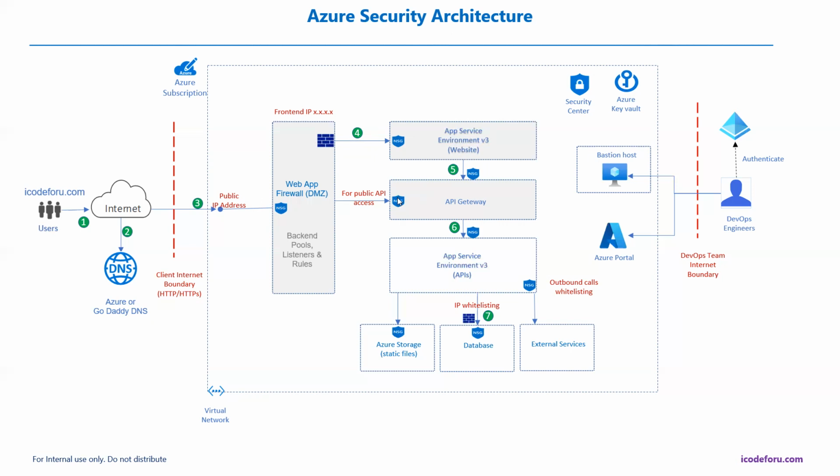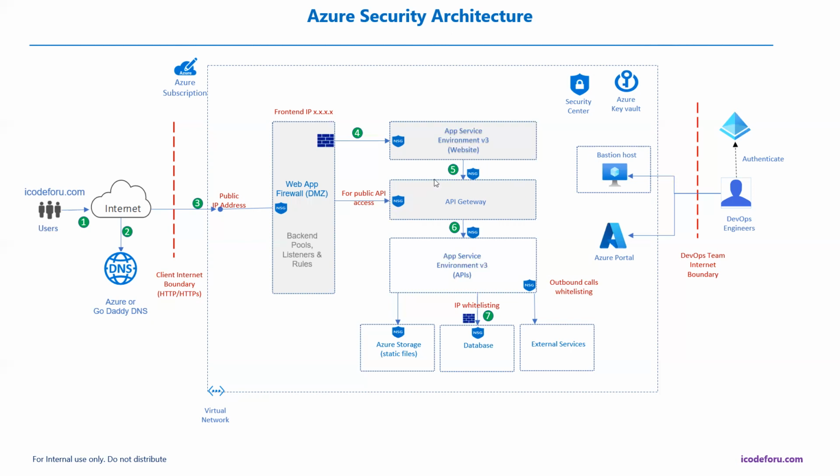And same thing, we need to configure the inbound list in the network security group of the application gateway with the IP address of the application gateway, so that we are allowing the traffic from application gateway to API management for the public API access.